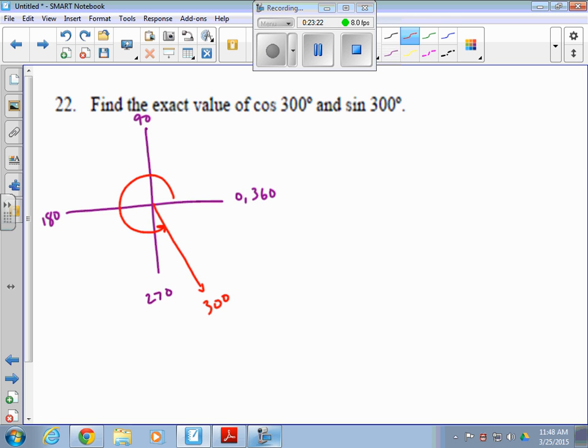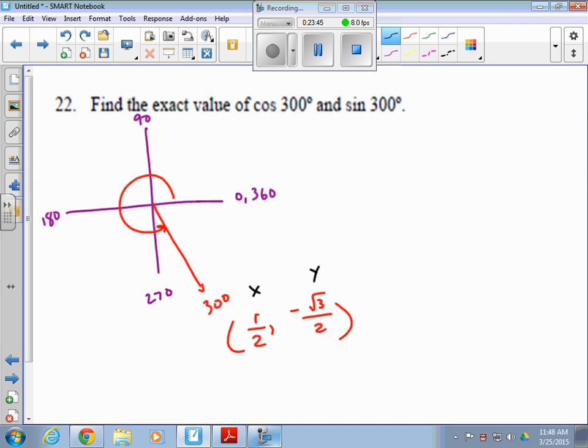Now, if you look at those values on your unit circle, that point is at 1 over 2, negative square root of 3 over 2. That's your x and y value. So it's asking you for the exact value of cosine 300 and sine 300.